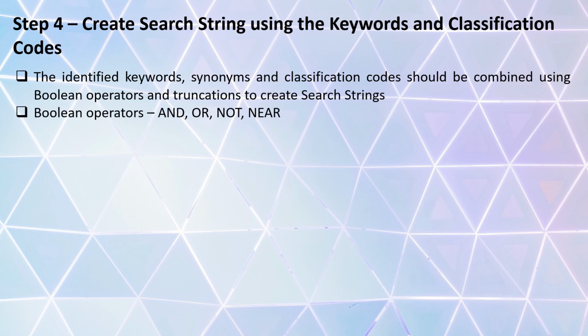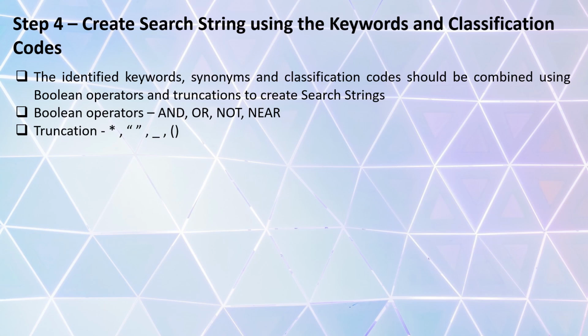Now, Boolean operators, what are they? I think you would have already learned about them in school. Boolean operators are also used in programming languages. In this case they can be AND, OR, NOT, NEAR. Different patent databases may have some minor changes in the Boolean operators, although it remains the same in most cases, so you can check as per the database where you are conducting patent searches.